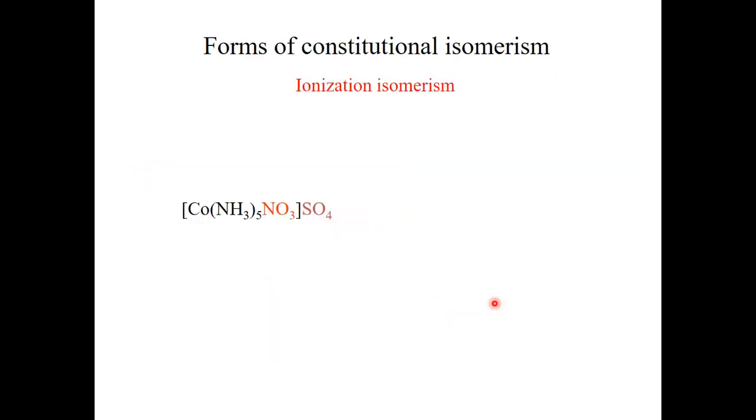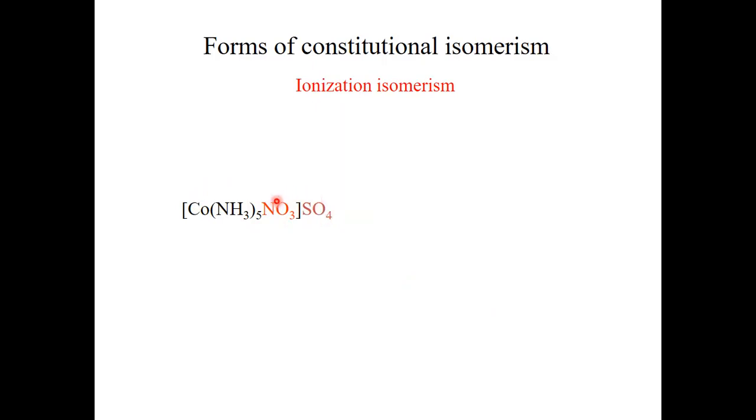So the next constitutional isomerism that I would like to discuss is the ionization isomerism. So in this case, we move one anionic ligand from the first coordination sphere to the second coordination sphere, and another anion from the second coordination sphere into the first coordination sphere. So here is an example. So here is pentaamine nitrato cobalt 2 plus sulfate, just also to practice our nomenclature.